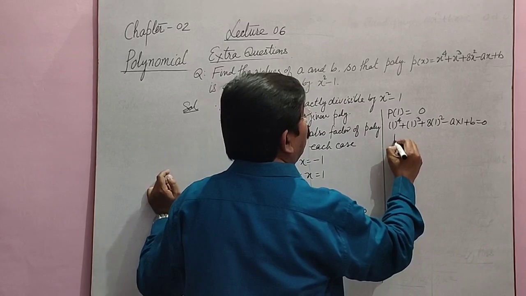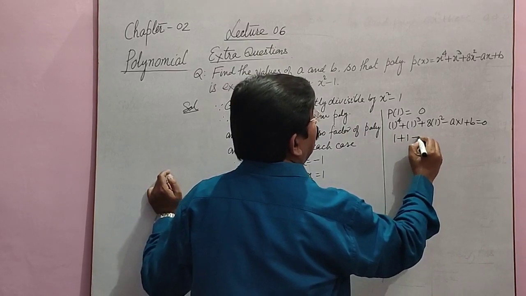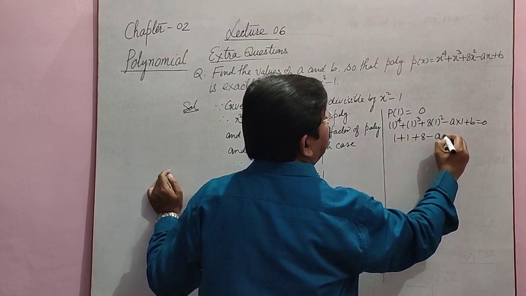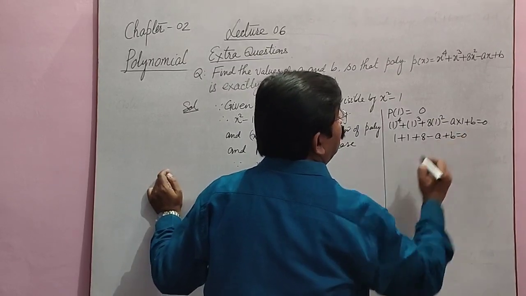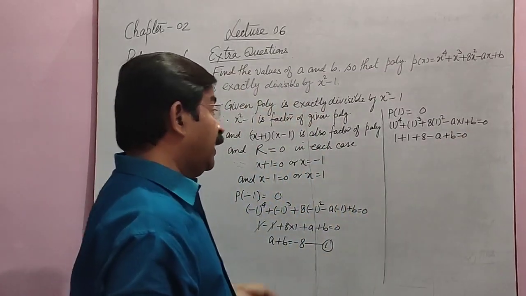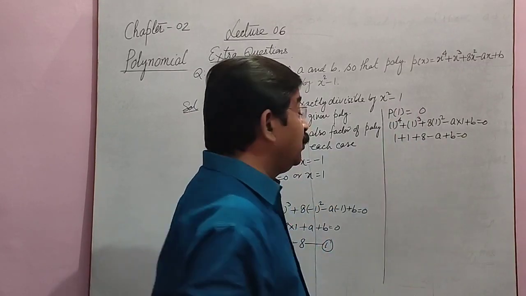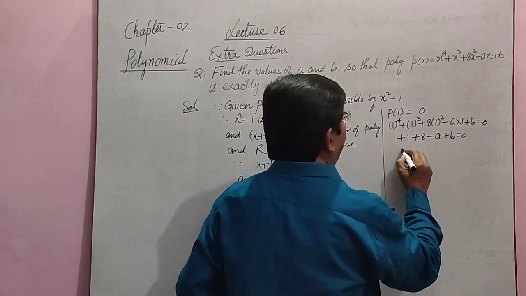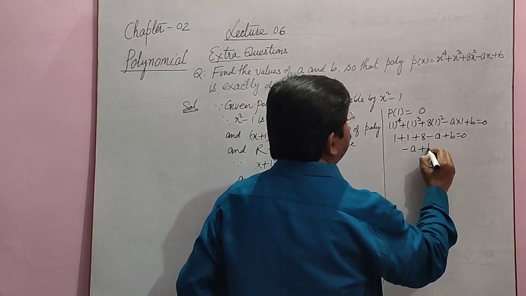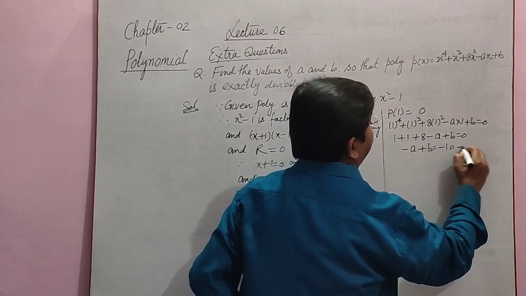This is 1 to the power 4 is 1, plus 1, plus 8, minus a plus b is equal to 0. So what we have? Set this number, 8 plus 1 is 10, will go to the right. We have minus a plus b is equal to minus 10.